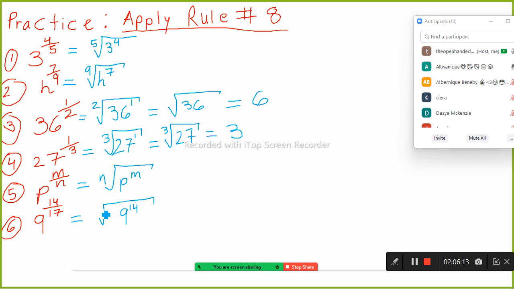And I put the 17 in the root, to the right side. That's good. Your answer is right there. So, yeah, these are the answers. Anybody get 6 out of 6, 5 out of 6?